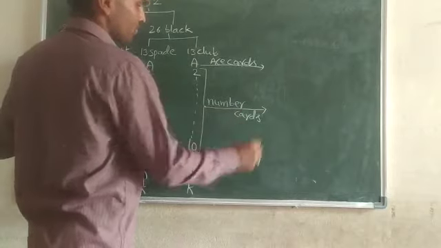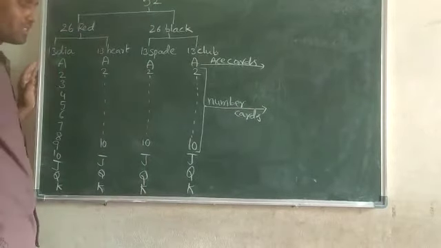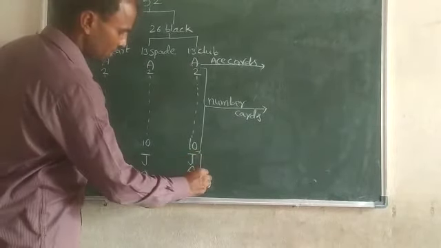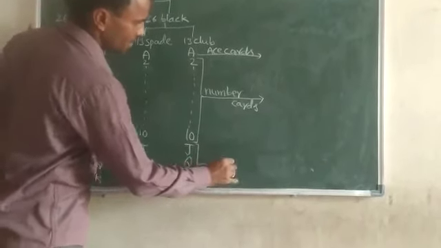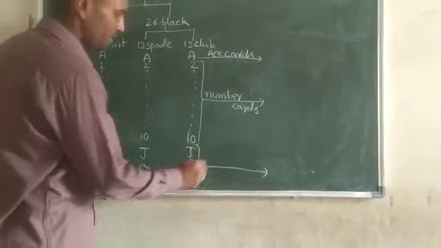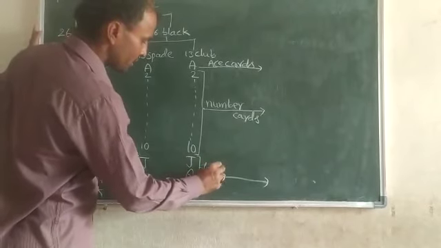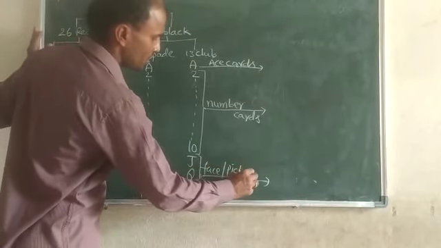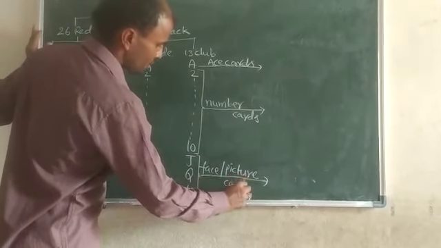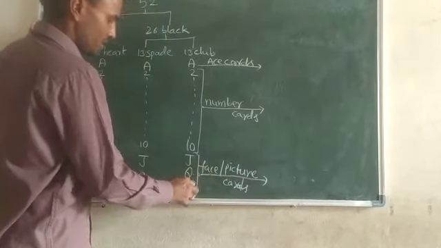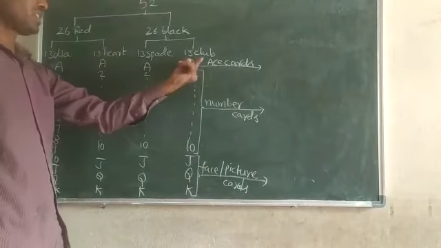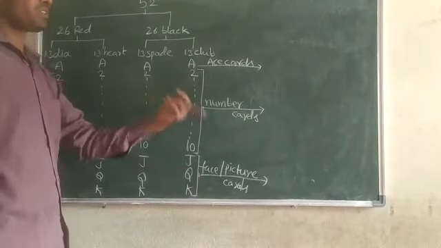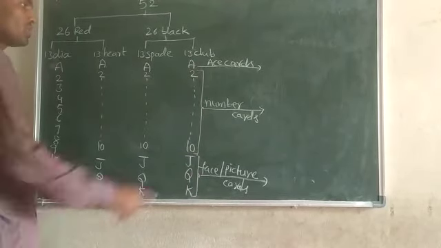Next J, Q, K, these 3 cards are called face cards or picture cards. Ace cards, number cards, picture cards: 3 types of cards.